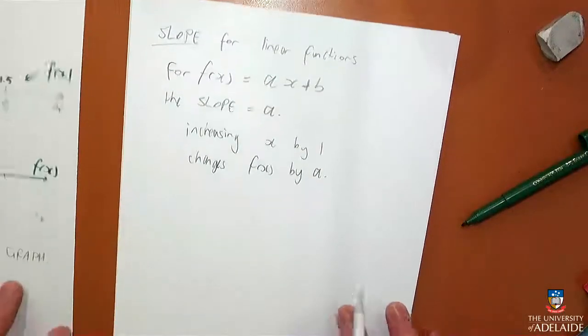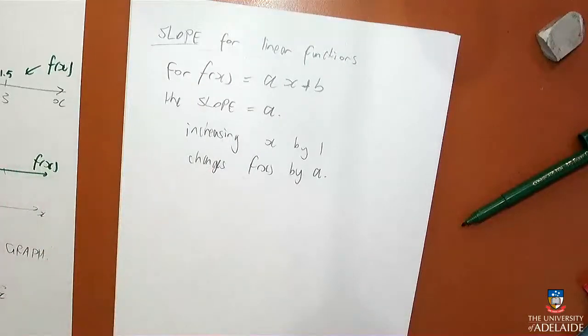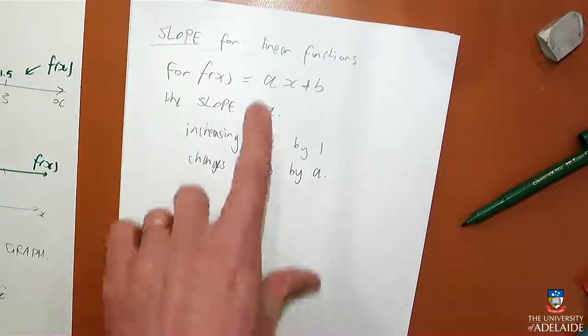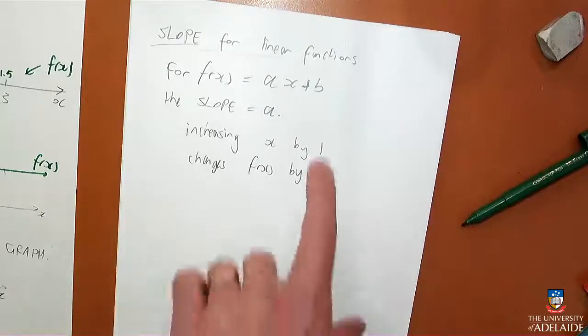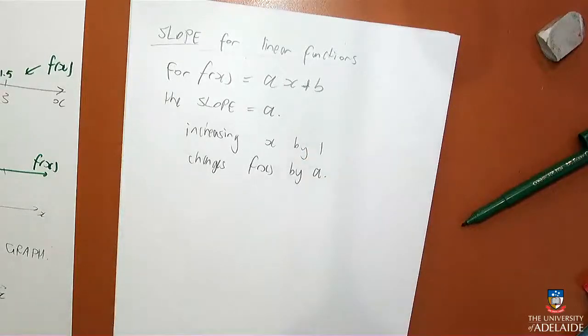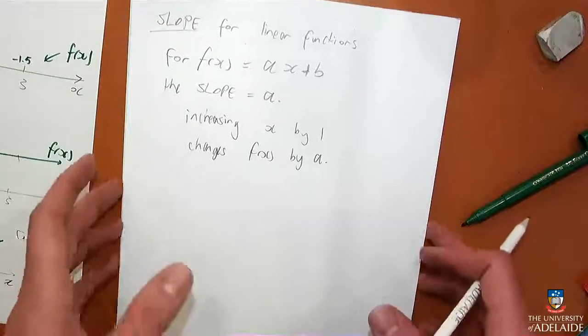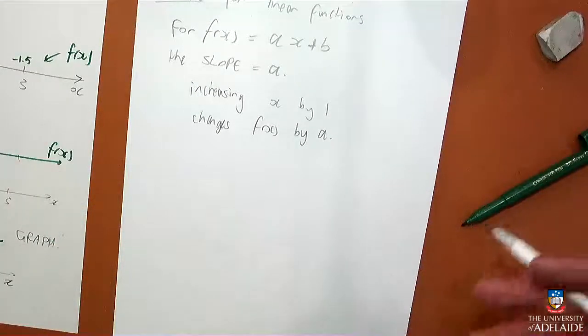Okay? And increasing x by 2 would change f of x by 2a. And increasing x by 3 would change f of x by 3a. And so for linear functions, it's very nice. It's right there in the formula. And this plus b doesn't really make a difference. If it started out higher, then it will be higher later as well. Okay? Cool. So we can actually figure this out just from knowing 2 points on the curve.